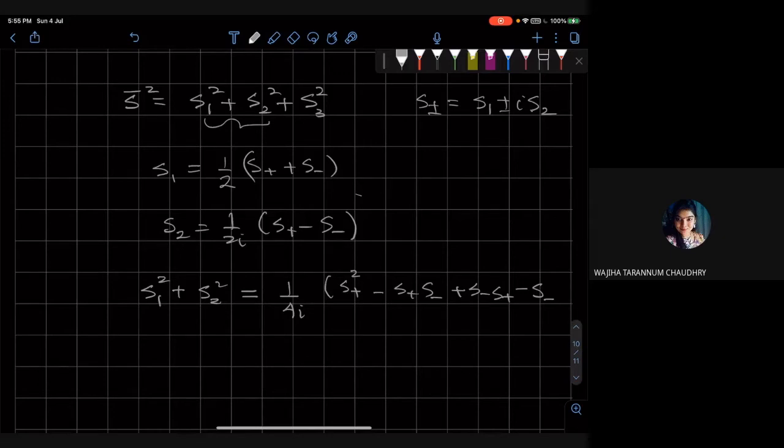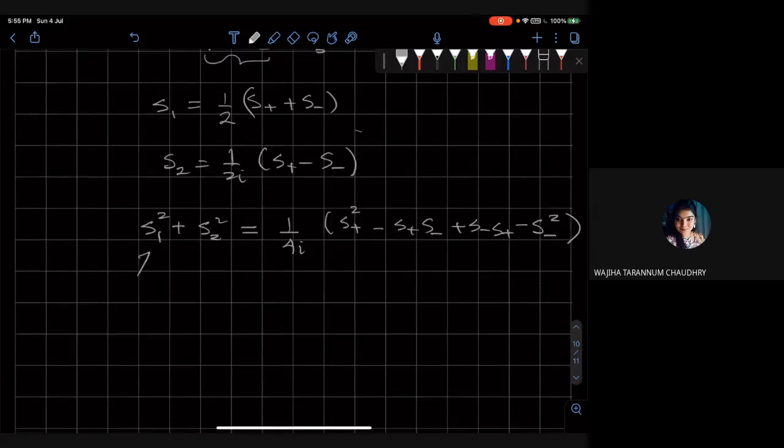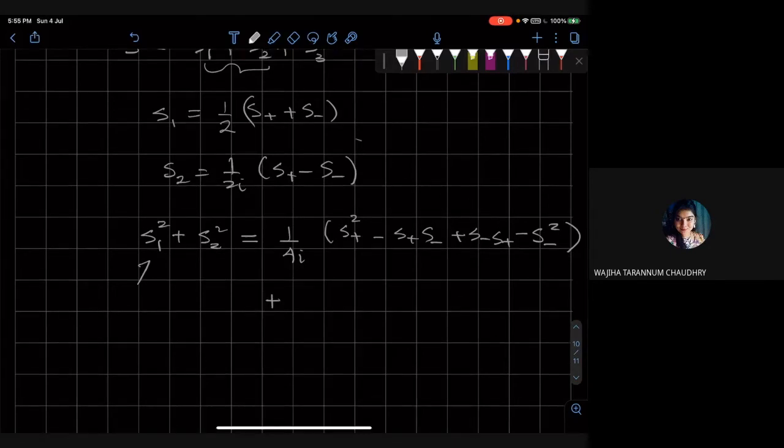This is just the first term. And then I'm going to get S2 squared, with the same coefficient. Oh, what the hell am I doing? All these signs will be plus. Sorry. Why didn't anyone stop me?